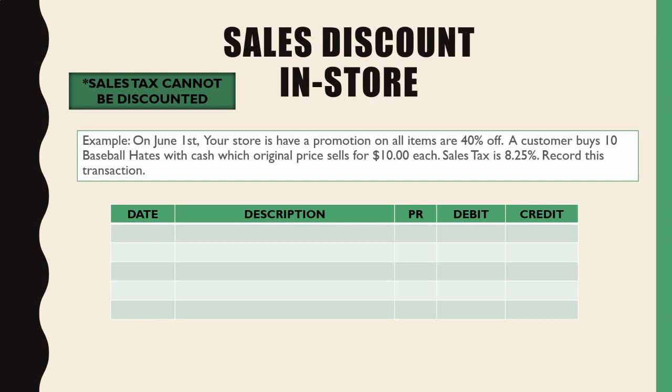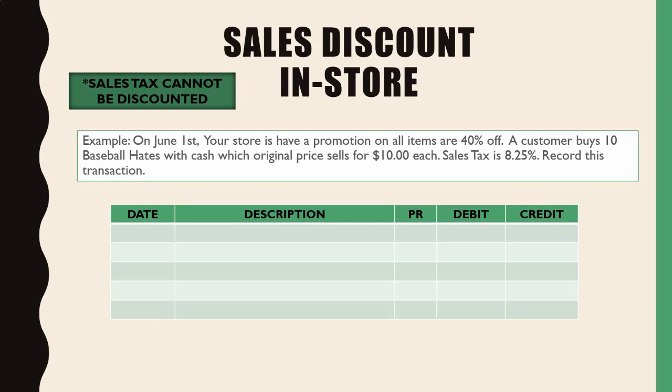Let's take a look at this example where on June 1st, your store is having a promotional sale where all items are 40% off. And of course, a customer buys 10 baseball hats, which each were originally priced at $10 each, okay?